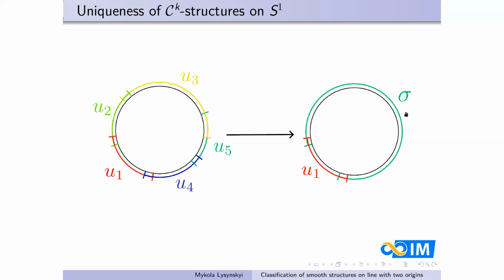Then we obtain two charts, and it's a well-known result that two circles whose two charts are C^k compatible are C^k diffeomorphic, which means that there exists a C^k diffeomorphism between any two circles with different atlases.